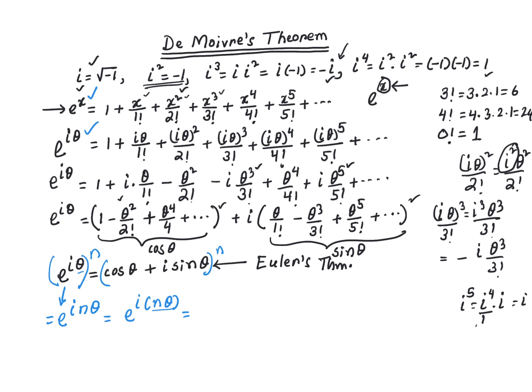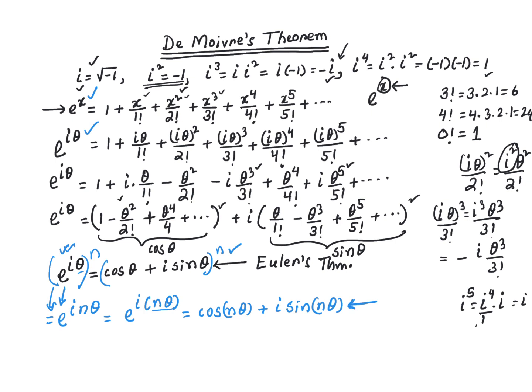So using Euler's theorem, this is going to be cosine of n theta plus i times sine of n theta. By the way, this is the same as this. So look how we went from here to here, and by doing some manipulations we came up to this.